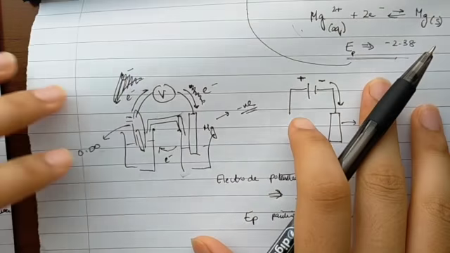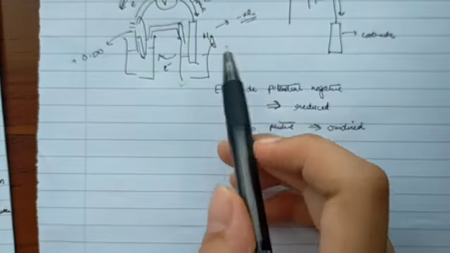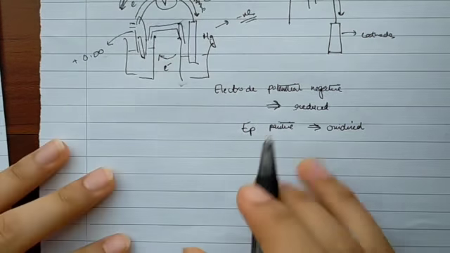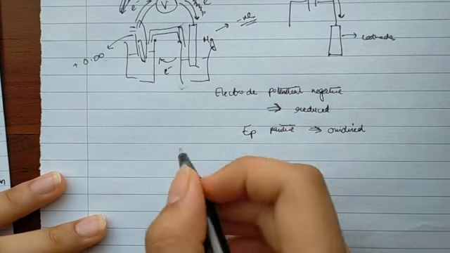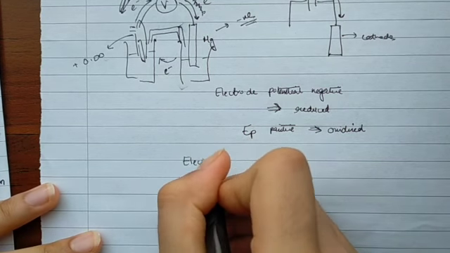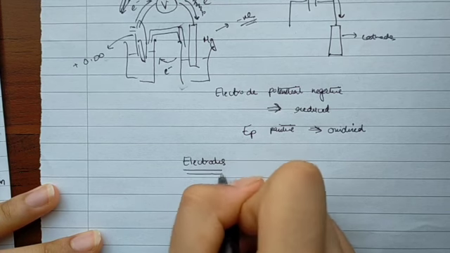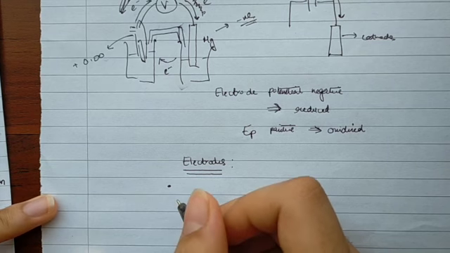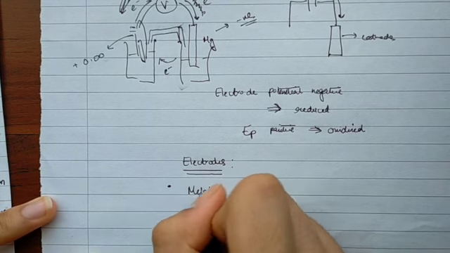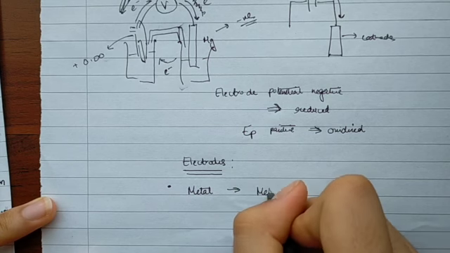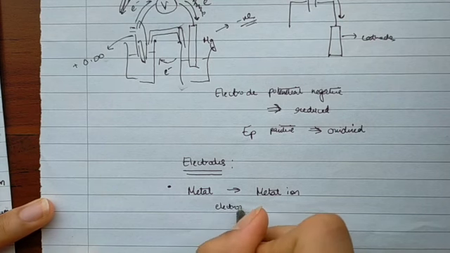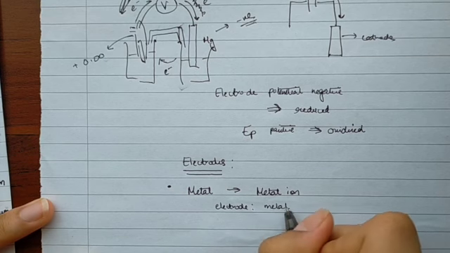Now another thing you need to know is how to draw the electrode potential setup and how you know what solutions you're going to use. There are three cases to know for electrodes. If you have a metal going to a metal ion, the electrode that you use is the metal itself.